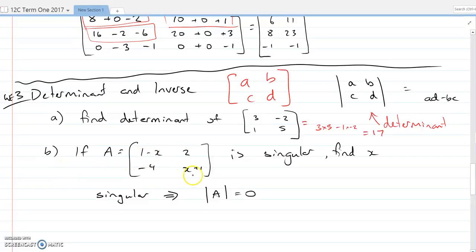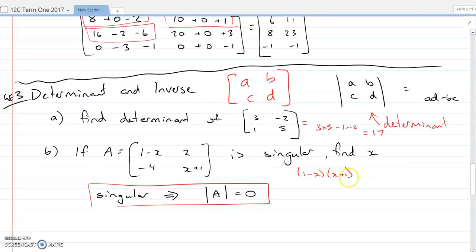If A equals this, and this matrix is singular, find x. Singular means the determinant is 0, so the determinant has to be 0. That means 1 minus x times x plus 1, minus 2 times minus 4 equals 0.